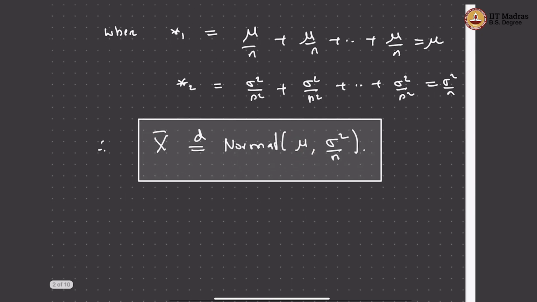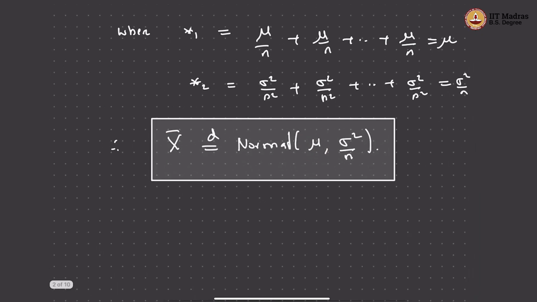So let's make a small remark. Observe the mean of x bar is equal to mu, and the variance of x bar is sigma squared by n.